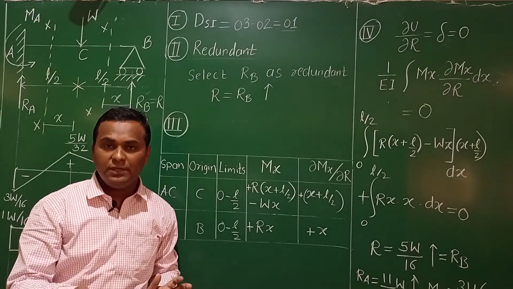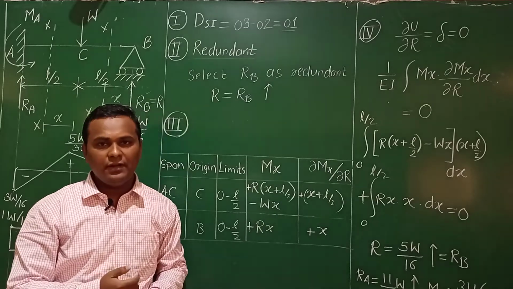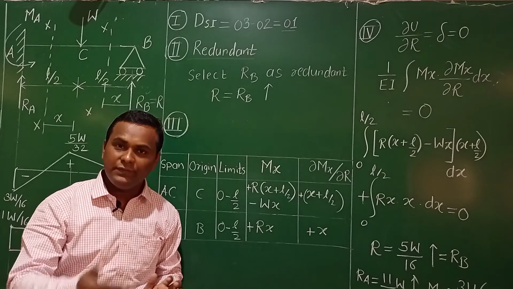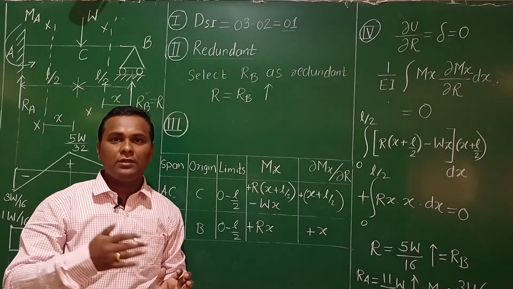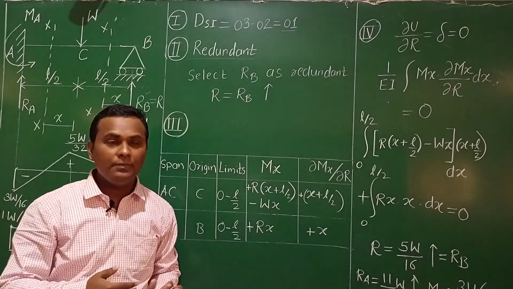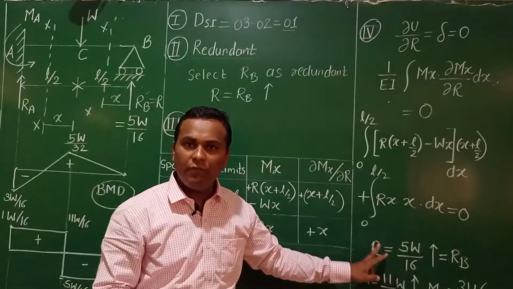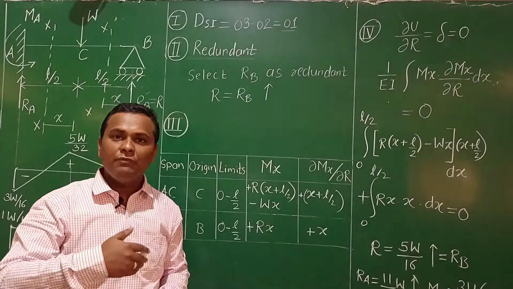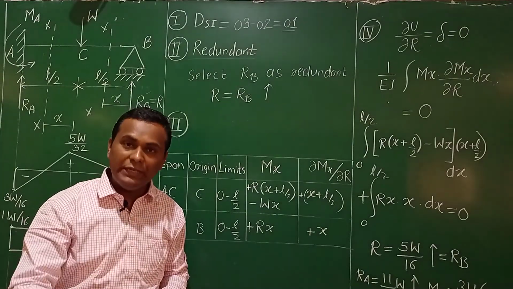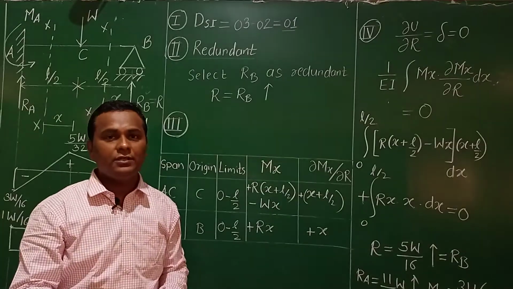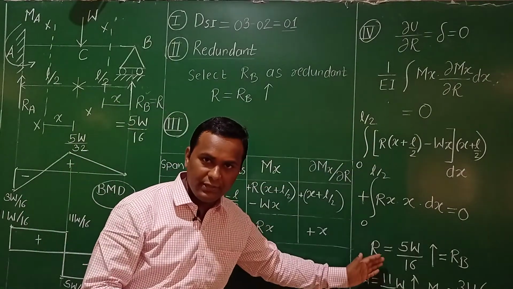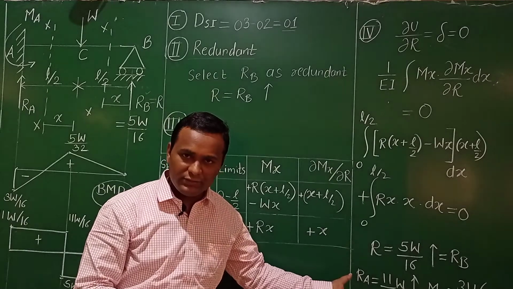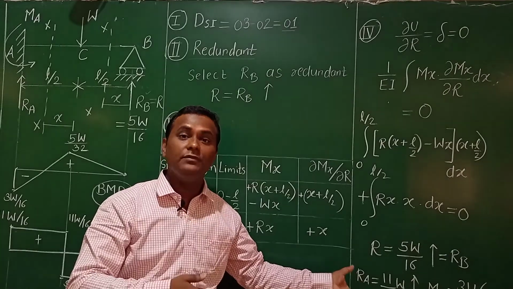If we have a continuous beam, again the number of redundants will increase, and accordingly, whatever number of redundants we have, that many equations we need to develop. Here in this case we have developed only one equation, but as the number of redundants increases, we need to solve those additional equations, and then we can find the redundants first, meaning the unknowns in terms of the redundants.